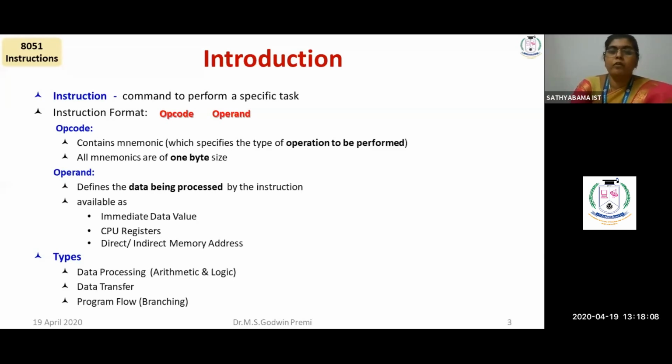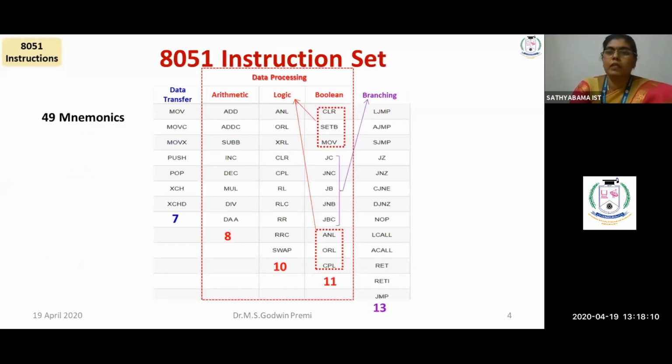Before going into the details of arithmetic and logic, let us discuss the overall view of the 8051 instruction set. The 8051 8-bit microcontroller has 8 data lines. So 2 power 8 is 256. So a maximum of 256 instructions are possible in the 8051 microcontroller.